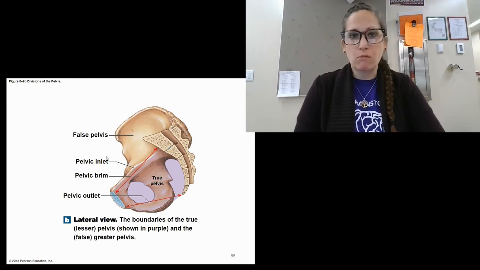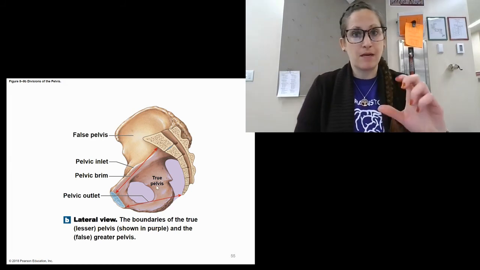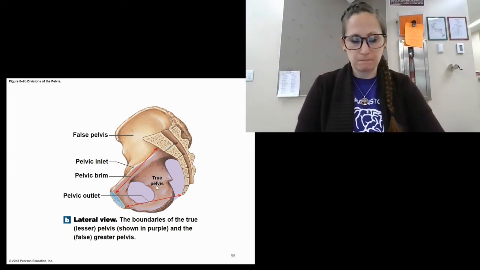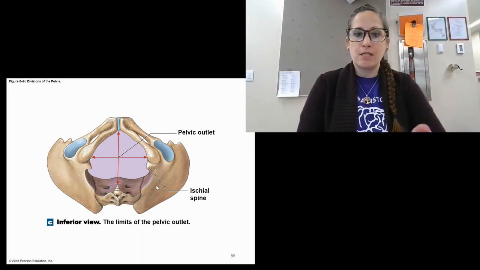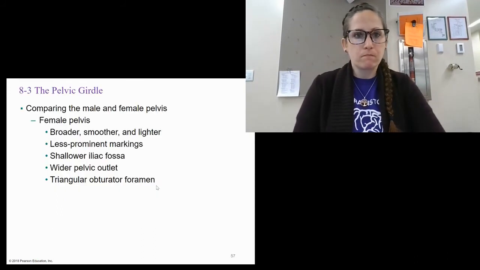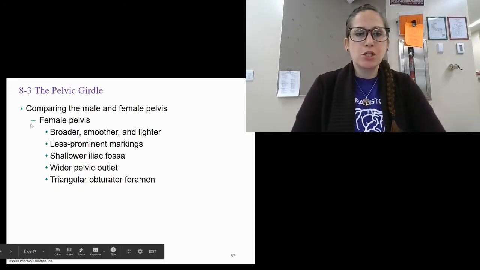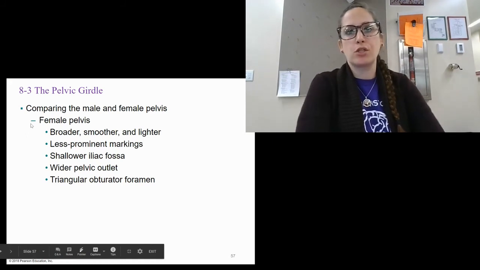And a lot of that is hormonally influenced as well as genetically influenced. And so what you end up having is that pelvic incidence or that pelvic angle that I mentioned previously.